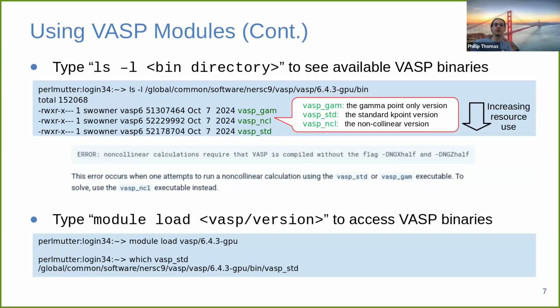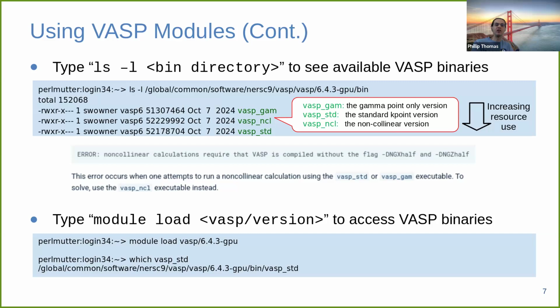The other thing that you'll notice in the VASP module is a path to the binaries. And if you look in this path, you'll see three binaries: the gamma, the standard, and then the non-collinear. NERSC builds all of these for users' convenience. And just a couple of things that I want to point out about these. Occasionally, there have been users who have tried to run a calculation that requires non-collinear, but using either the gamma or the standard.